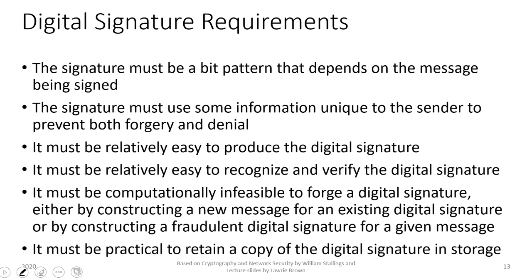So the first one is the digital signature, the signature that is created, its bit pattern, should depend on the message that is being signed. So if we use a particular message as an input, then that particular message should dictate what the signature should be. The signature should depend on the message as an input.